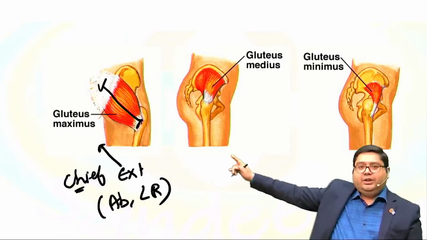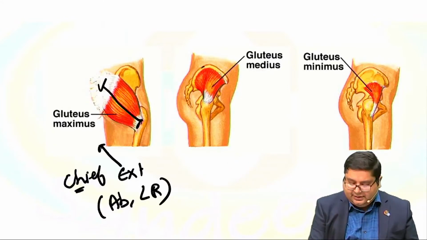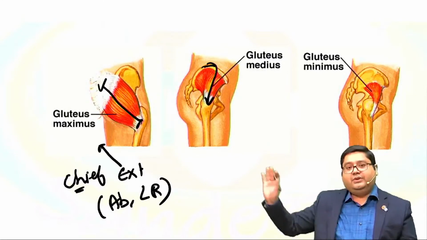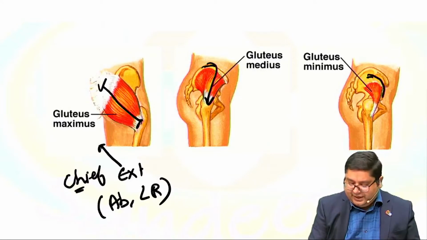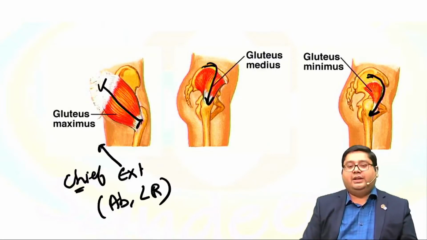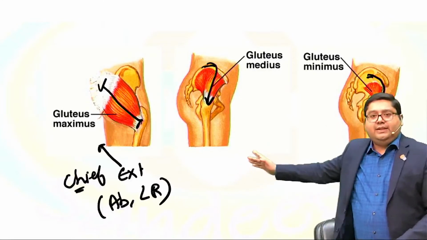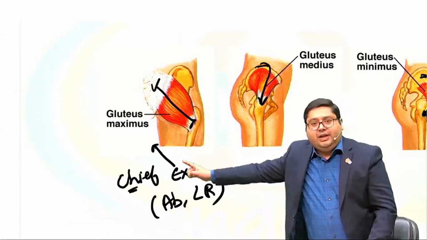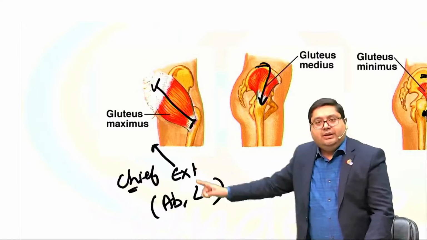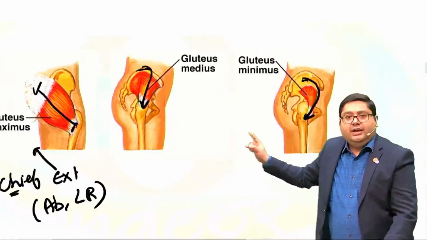But look at the gluteus medius. It is coming from the gluteal region, and then it is going to the lateral aspect of the femur. So see this. And what about the gluteus minimus? From the gluteal region, to the anterior aspect of the femur. So let me show in succession. See this. Gluteus maximus coming from behind, attached behind, posterior of the femur; lateral of the femur; and anterior of the femur.